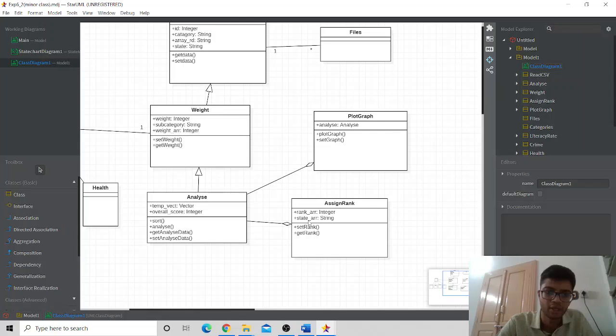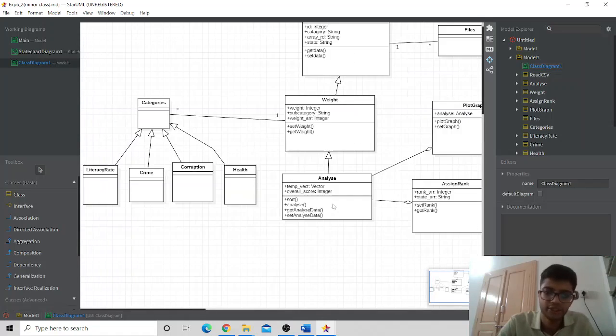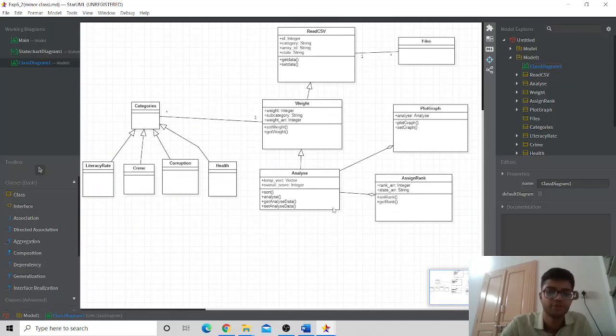Okay. And the assign rank, we assign the rank. And here we can also connect with inheritance, because we can also plot the graph of state versus the rank. Okay. So this is all about the class diagram of the minor project.